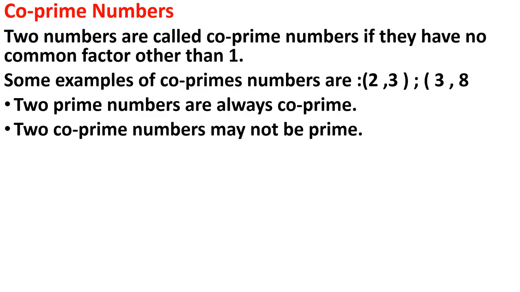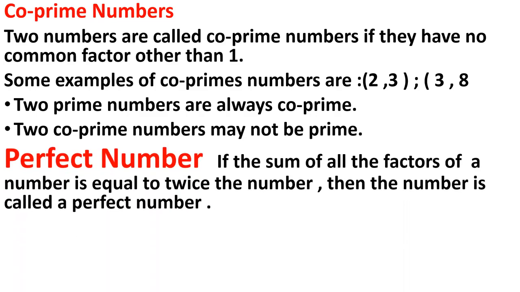Next is perfect number. If the sum of all the factors of a number is equal to twice the number, then the number is called a perfect number. That means we have to find out the factors of a number and then find the sum of them.